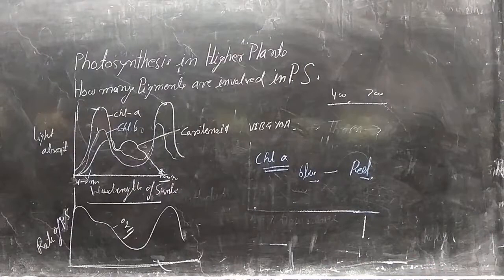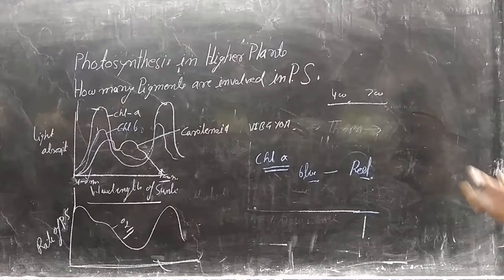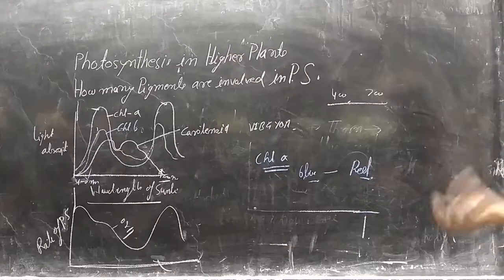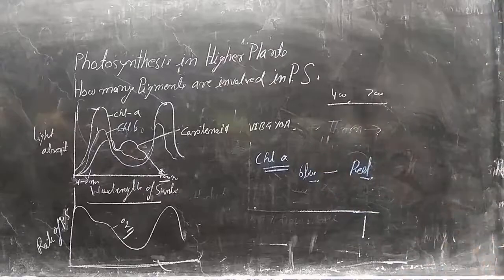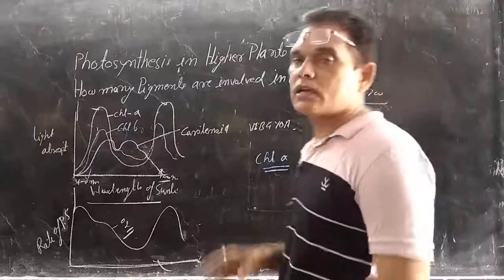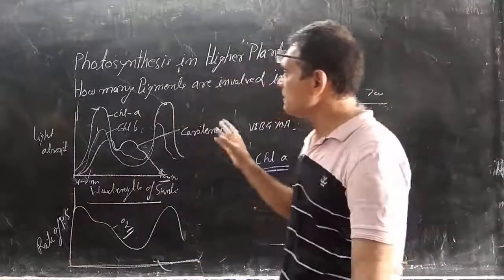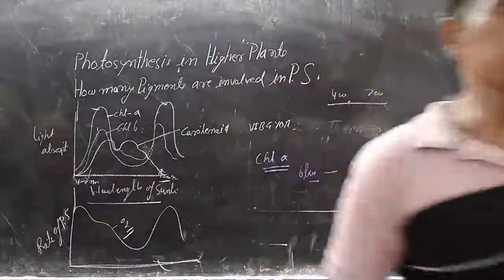So the main photosynthesis is done by chlorophyll A, which maximally absorbs the sunlight, and the other pigments, chlorophyll B, xanthophyll and carotenoids, help chlorophyll A from photooxidation and also transfer the energy towards chlorophyll A. So these different pigments help in photosynthesis.